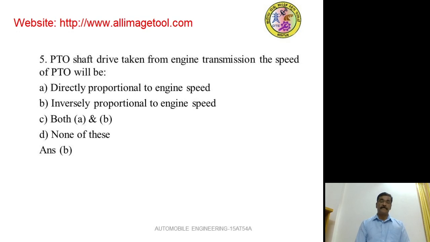Fifth question, PTO shaft drive taken from engine transmission, the speed of PTO will be option A, directly proportional to engine speed, B, inversely proportional to engine speed, option C, both A and B, option D, none of these.